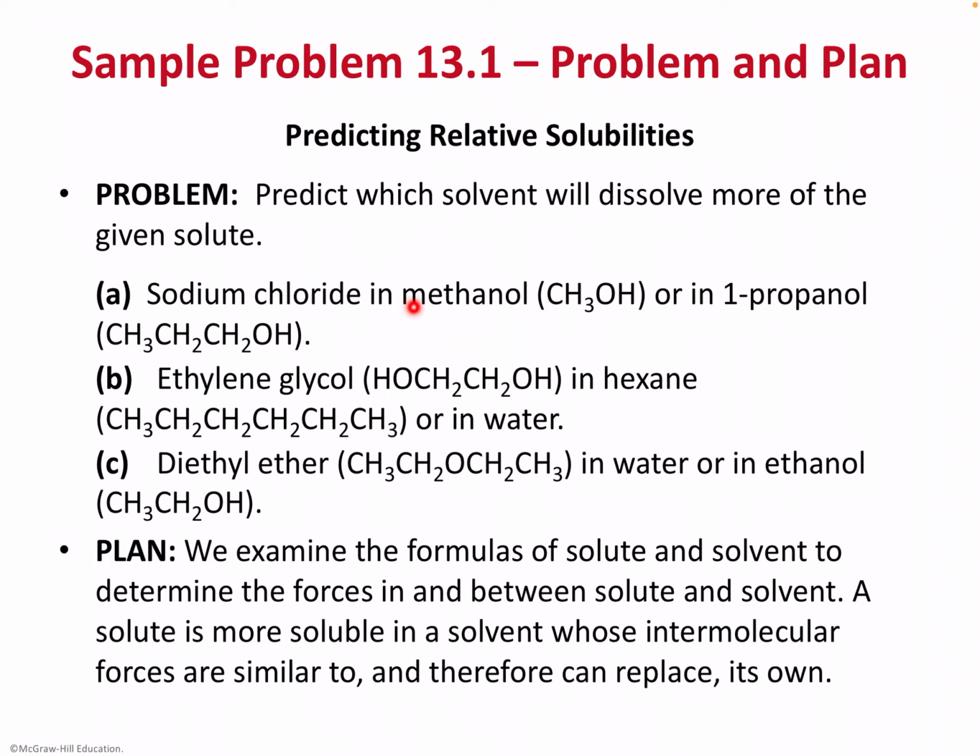So sodium chloride is ionic and it dissolves well in polar solvents through ion-dipole forces. Remember, we saw in water, sodium is an ion and water was a dipole. Similarly, this also has a dipole, and this dipole is bigger compared to this one because there is a smaller hydrocarbon here.